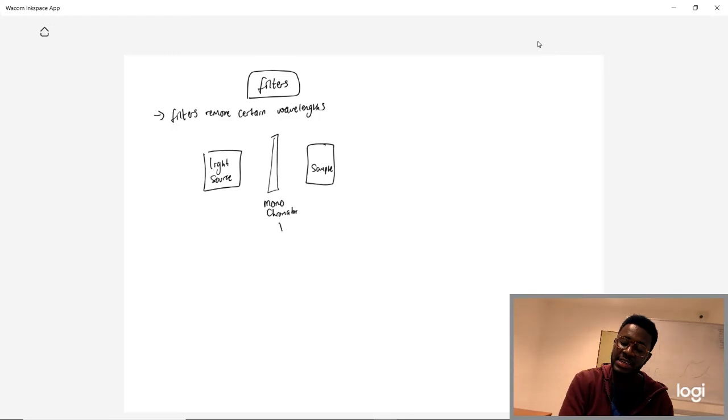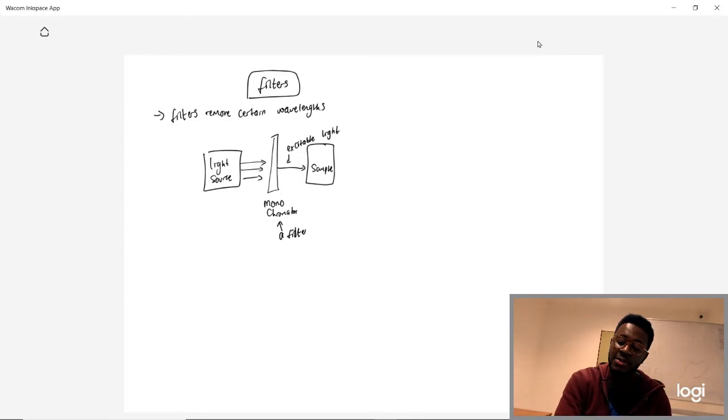This is basically a filter, because here you have white light, and it allows just one type of wavelength to pass through. Usually it allows only the wavelength that is the excitation light.